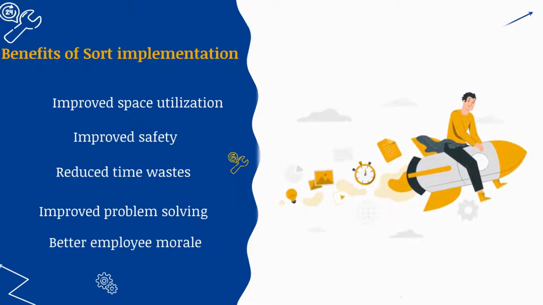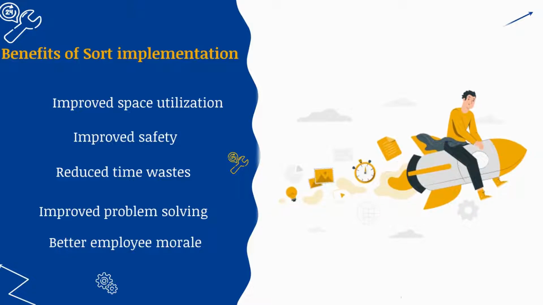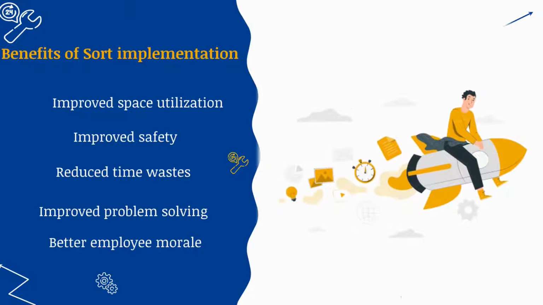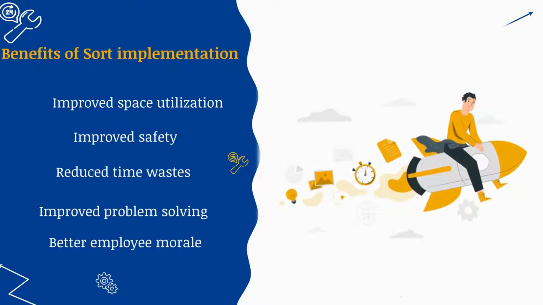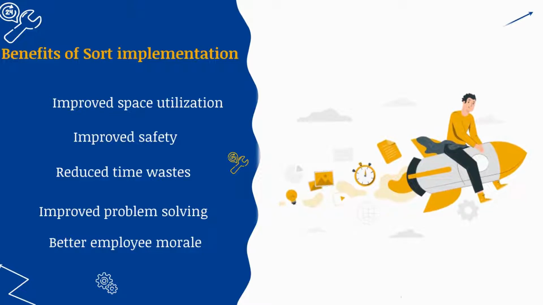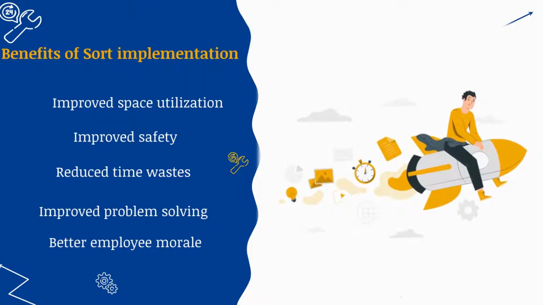Because you remove all unneeded items, it becomes easier to locate the items that you do need. A clutter-free workspace helps to identify errors or problems better. Above all, implementing sort will make your workplace more enjoyable. When you remove unneeded items and have a safer environment with no obstructions, you will have fewer frustrations in your job.